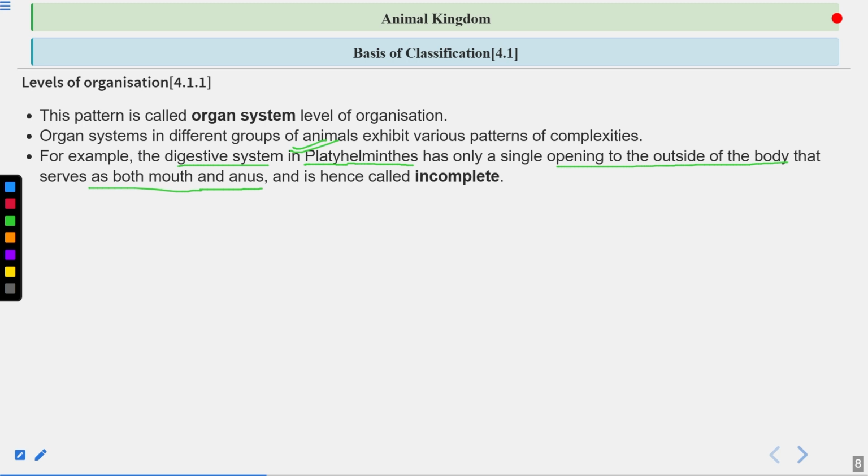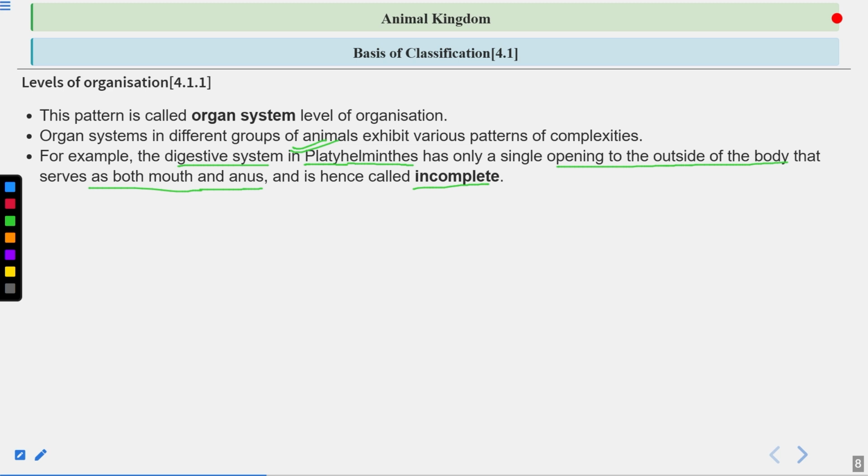Our digestive system is complete, the alimentary canal from the mouth to the end at the anus. So a complete digestive system must have two openings, mouth and anus. But what about these Platyhelminthes? They have an incomplete digestive system.